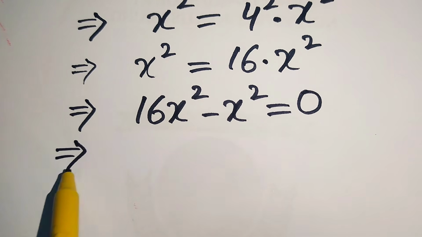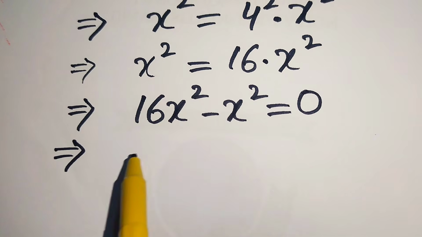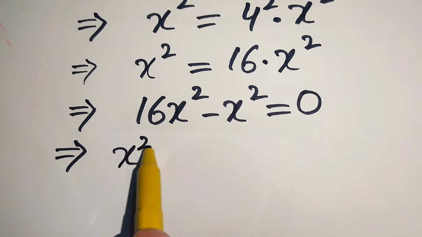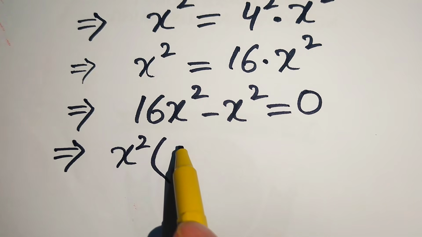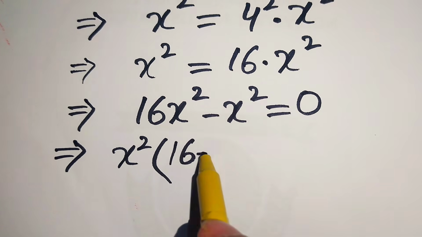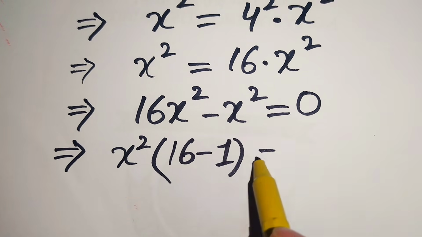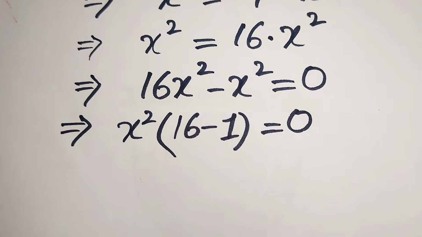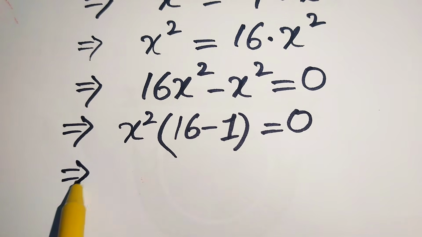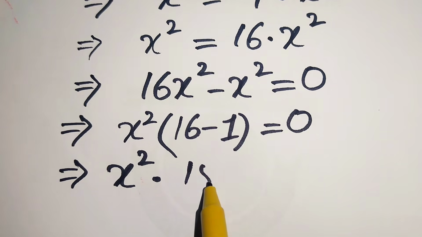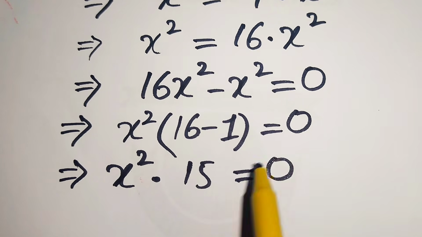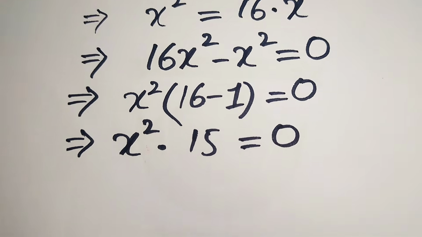And now in the next step, we need to take common x squared from both of these two terms, and we get x squared times 16 minus 1, and this whole equation is equal to 0. And here we have x squared times 16 minus 1, which becomes 15, equal to 0.